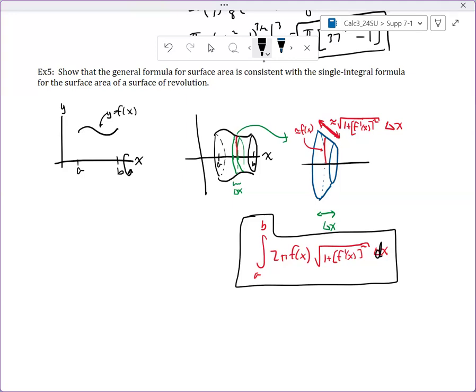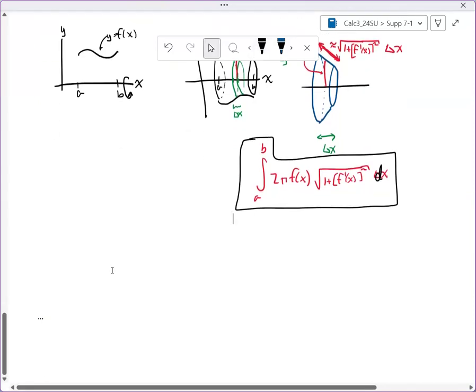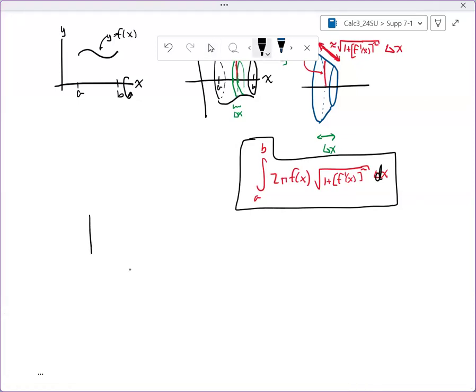Now the question is, can we recover this formula from our more general double integral formula? Okay, so let's see, what would this surface of revolution look like in 3 dimensions? So here I'm going from x equals a to x equals b.